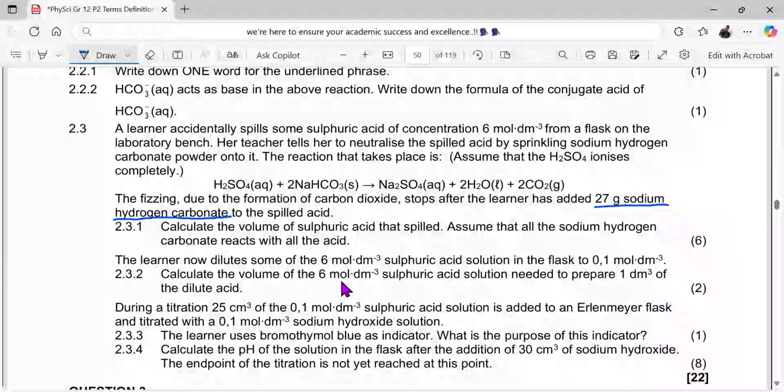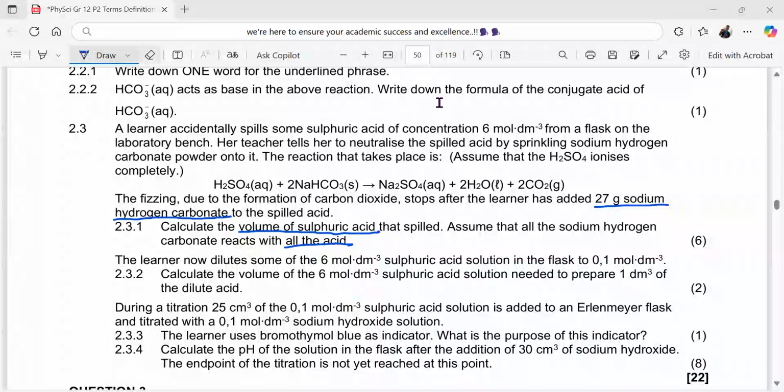So now the first question is asking us to please calculate the volume of the sulfuric acid that spilled. Assume that all the sodium hydrogen carbonate reacts with all the acid. In other words, we don't have a limiting reagent.